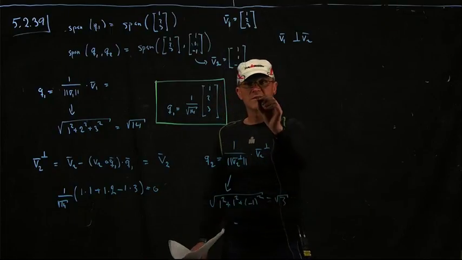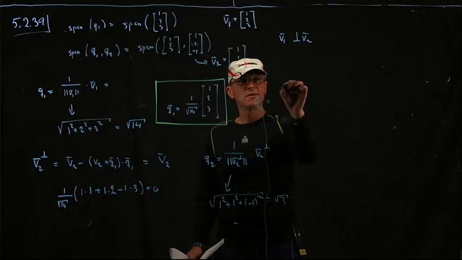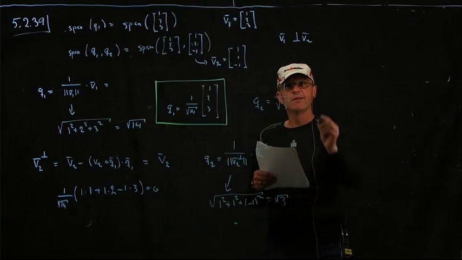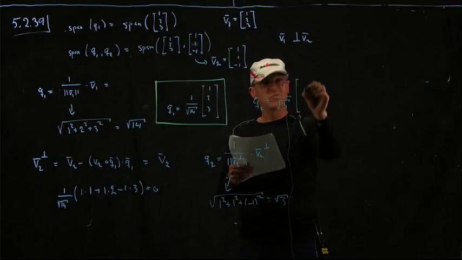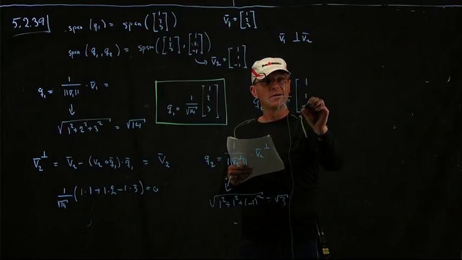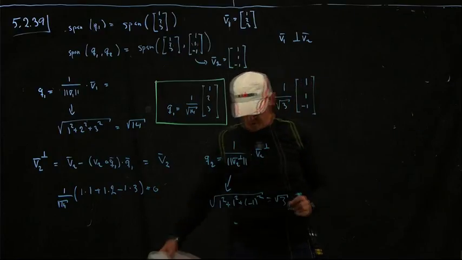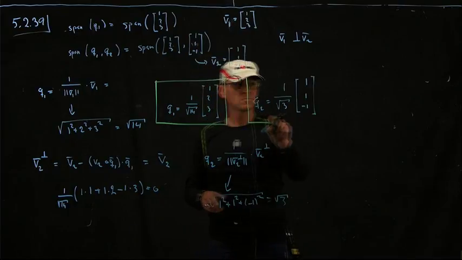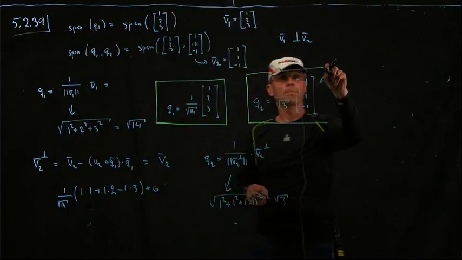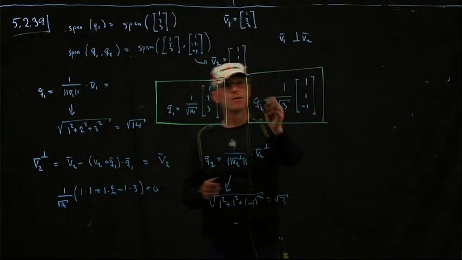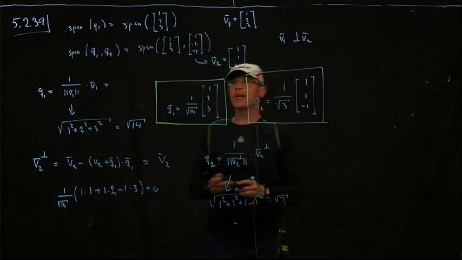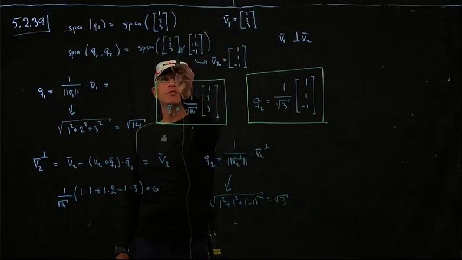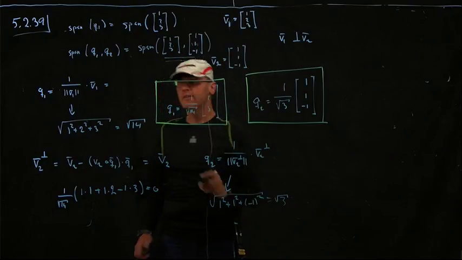That means that Q2 is 1 over the square root of 3 times 1, 1, negative 1. So we have Q1 and Q2 so that we're spanning the same plane here.